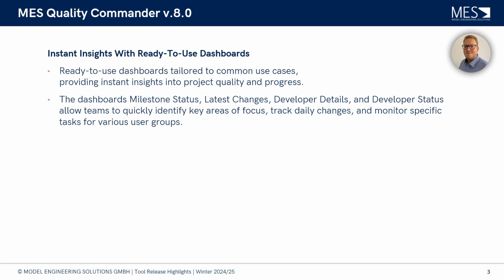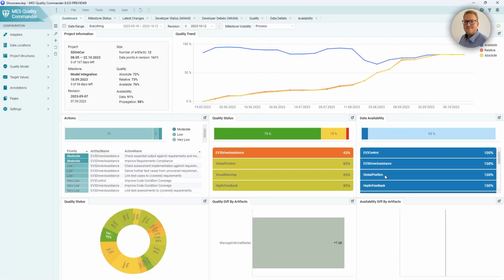We will now have a look into the tool to show you these dashboards in detail. By default, MQC ships with the dashboard that you can see here, which shows project information, a quality trend, actions, quality status, data availability, and some diffs.